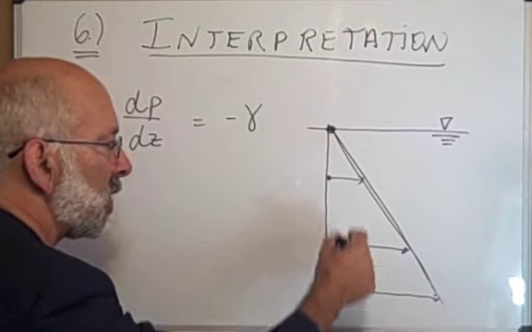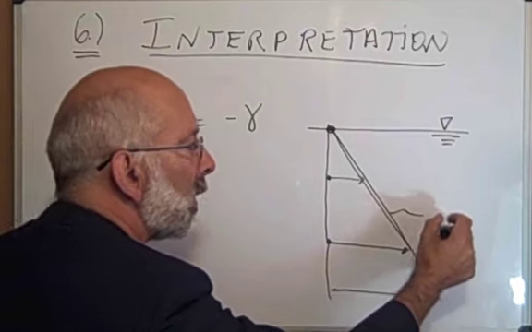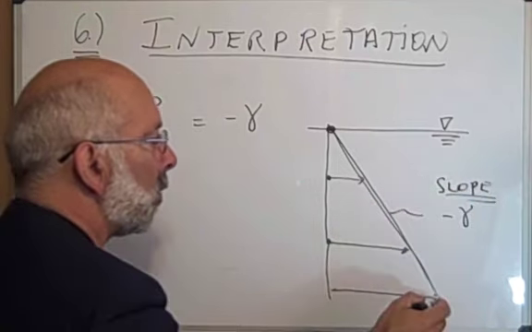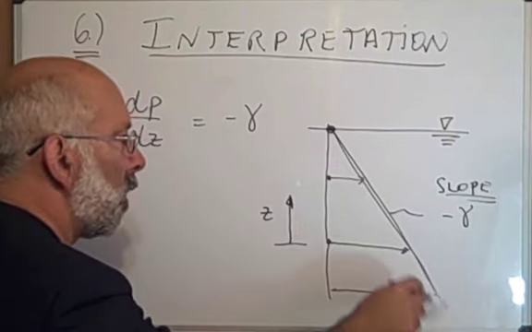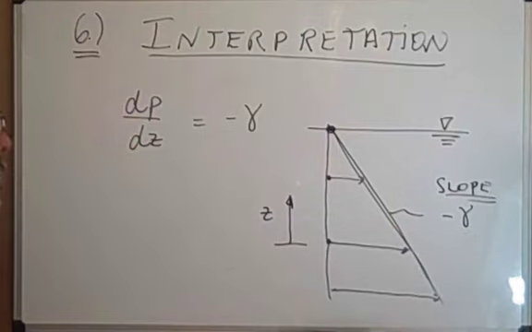And so what we see is pressure will increase with depth, and the slope of this is minus gamma. Or similarly, if we go upward in elevation, the pressure will decrease with this slope as shown here.